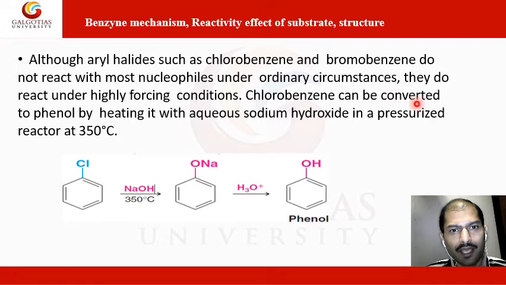Chlorobenzene can be converted to phenol by heating it with aqueous sodium hydroxide in a pressure reactor at about 350 degrees Celsius. An intermediate forms, and finally with hydronium ion this makes phenol.